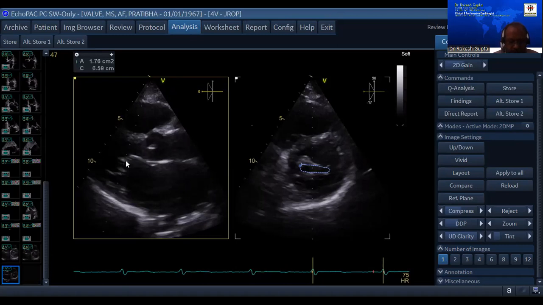In mitral stenosis, we are looking for doming, then paradoxical movement of PML, thickening of leaflet, restricted movement, restricted opening, enlargement of left atrium, and mosaic color pattern, color flow. That's all.